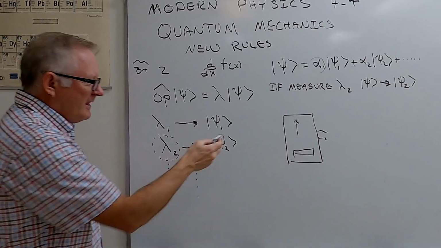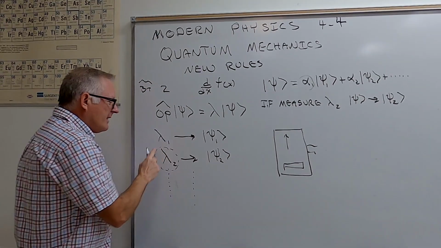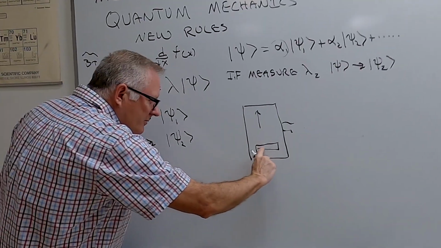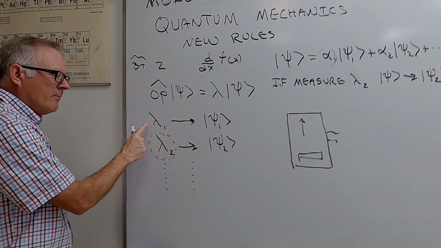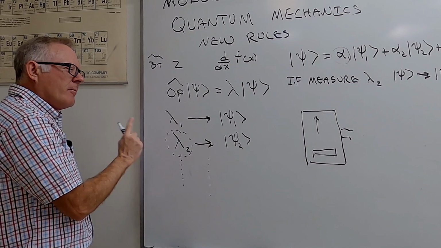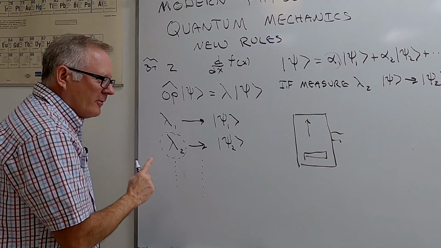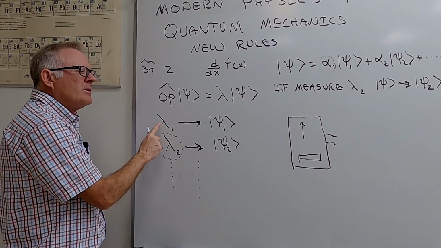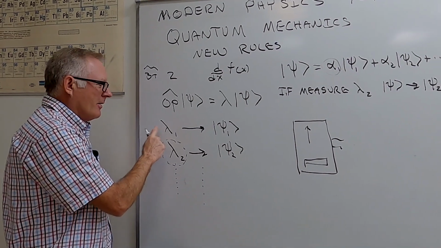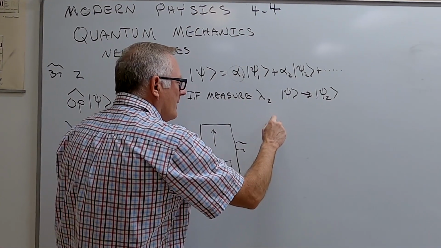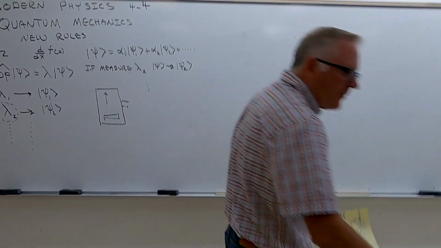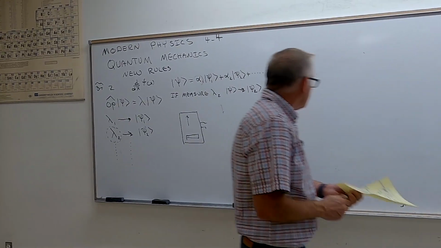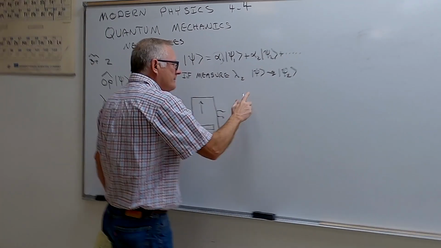So for this case, what were the things we measured? Well, what did the digital say right there? It said 1 plus or minus 1. But remember, that was in units of h bar over 2. So let's just say what you really measure is h bar over 2. So one of the lambdas, lambda 1, will be h bar over 2.